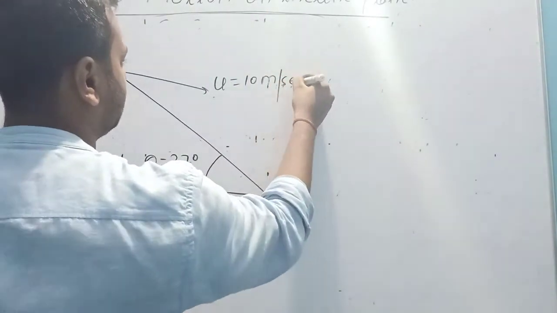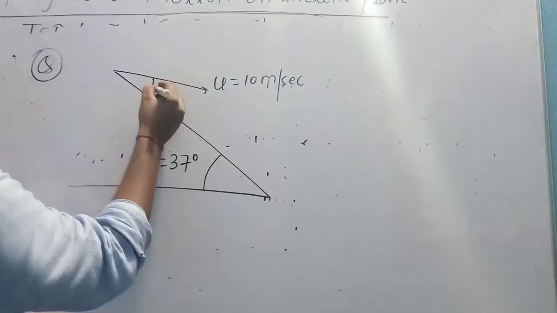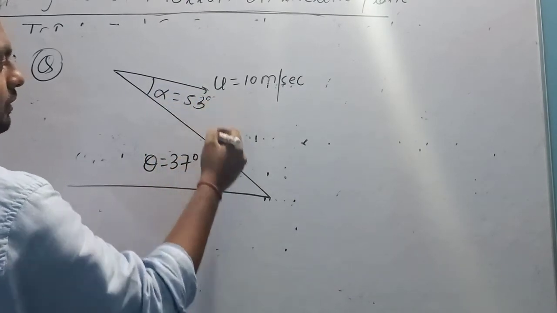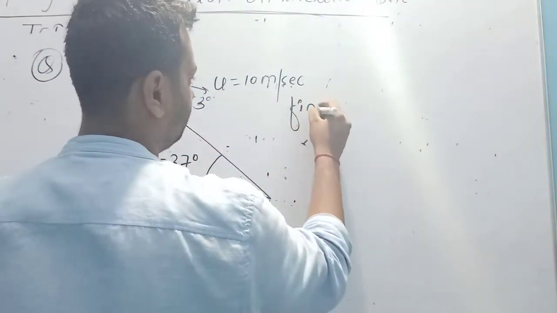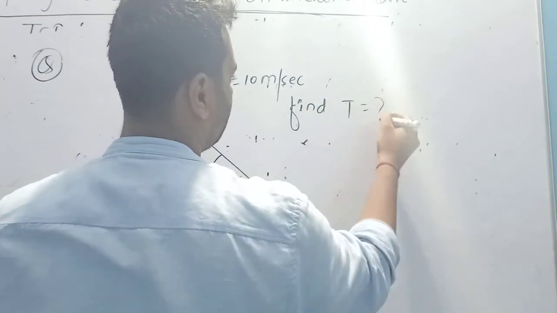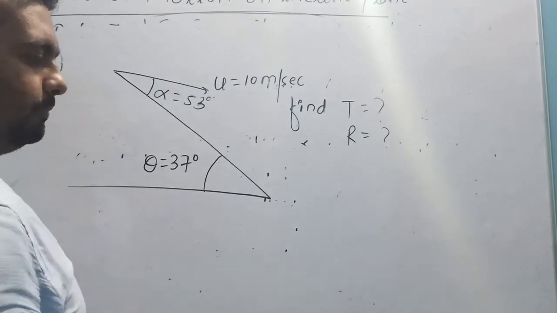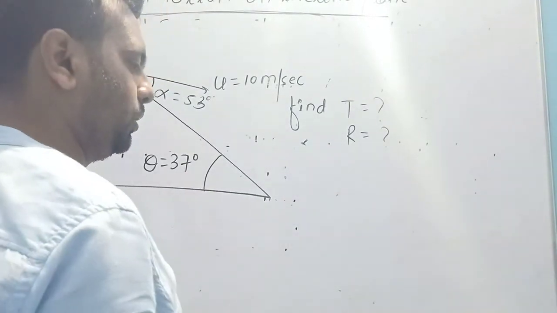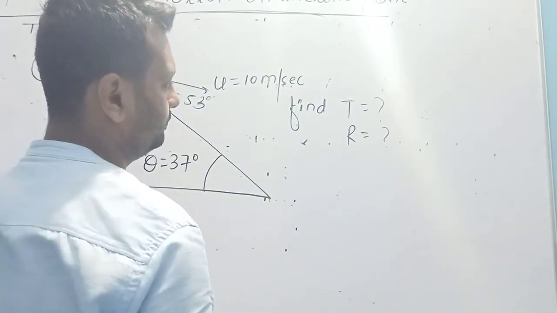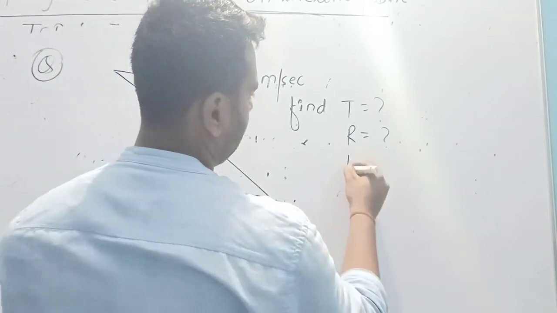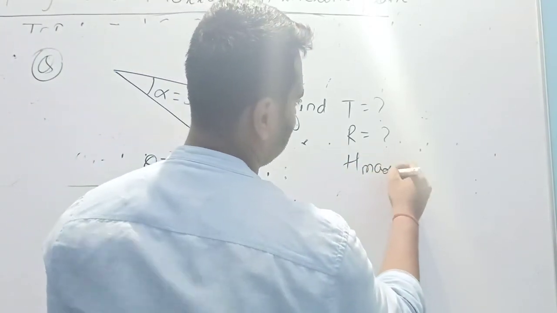A projectile is projected from top at angle alpha equal to 53 degree. Find the range, and H max, the maximum height reached by this.